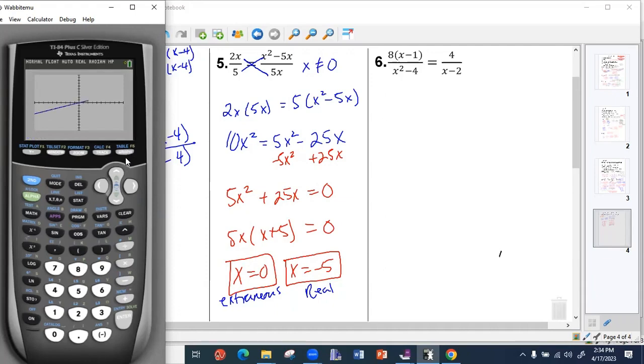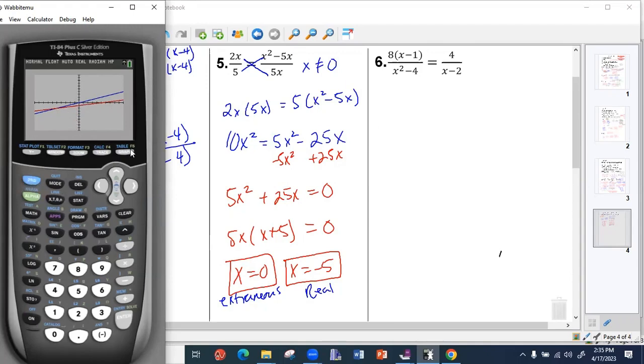So notice it graphs the first function, then it graphs the second function. Please ignore that bell. So when it graphs, I can clearly see that they intersect at one point. Notice how at x equals 0, they do not intersect. So that's another example of why this is an extraneous solution.